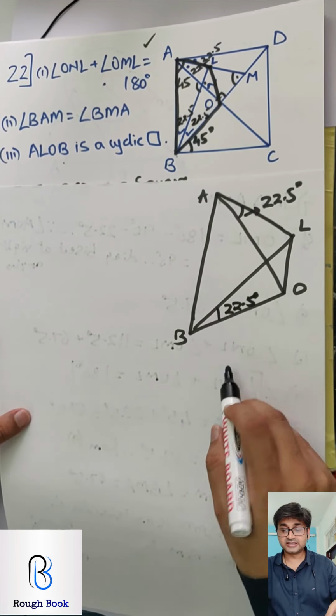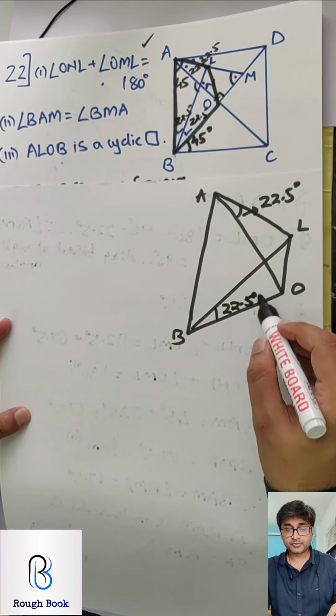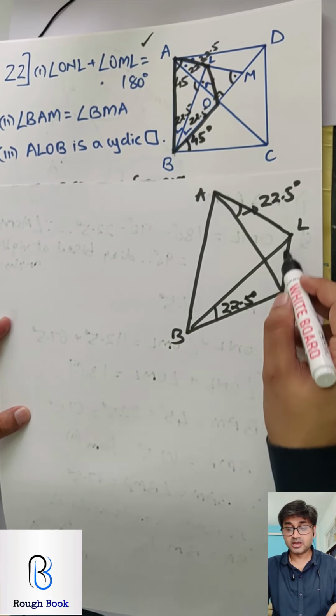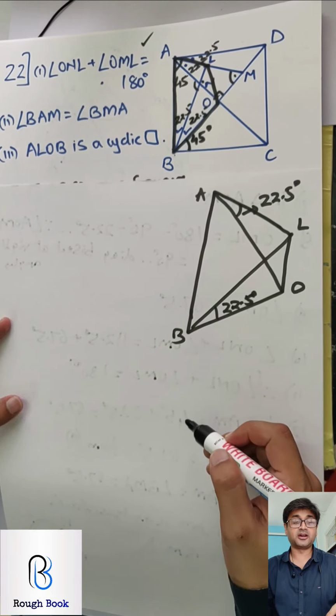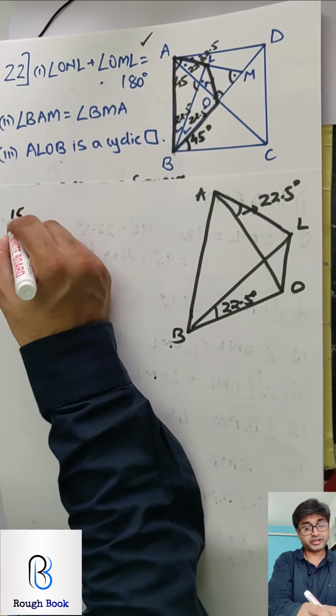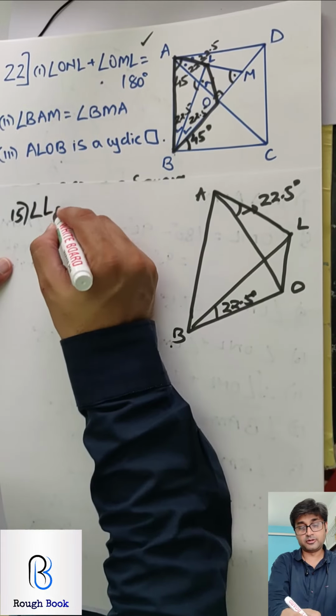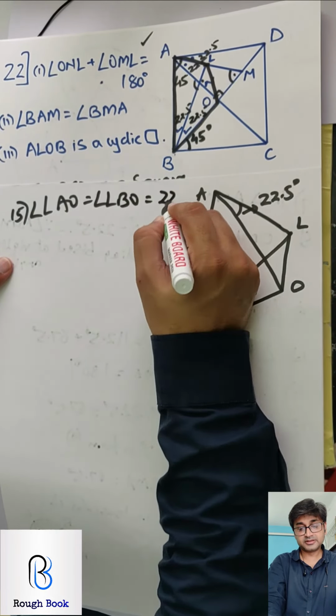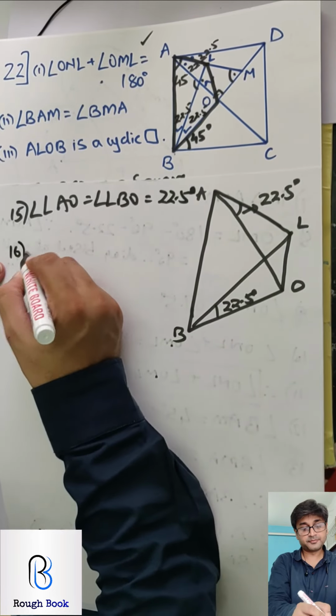So since both angles are inscribed in the same arc, therefore they are equal. So my step 15, directly I will say angle LAO is equal to LBO is equal to 22.5.